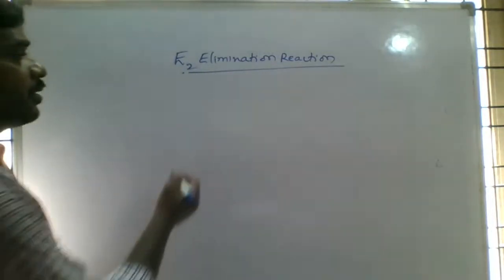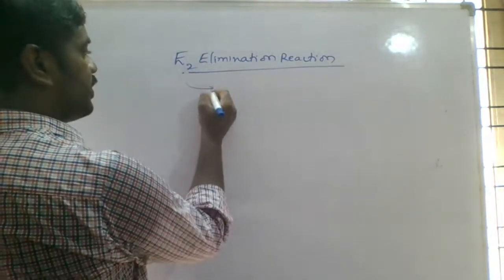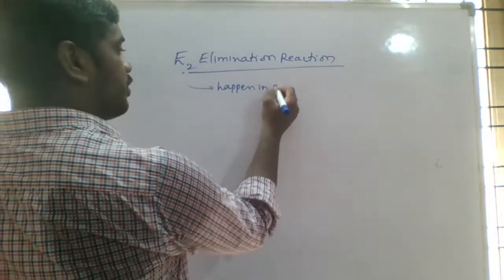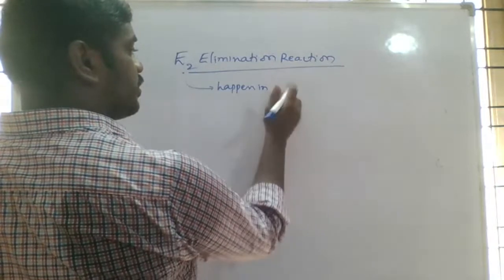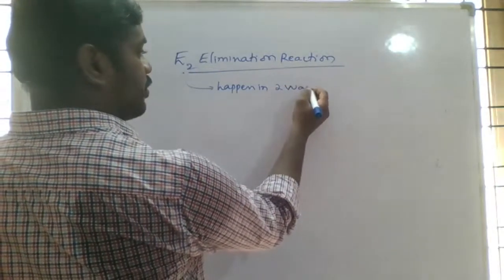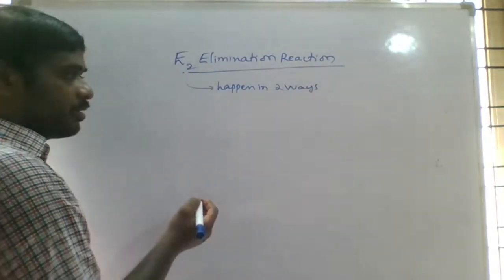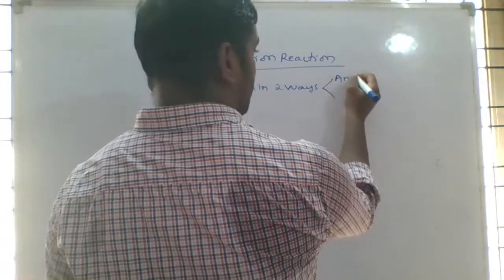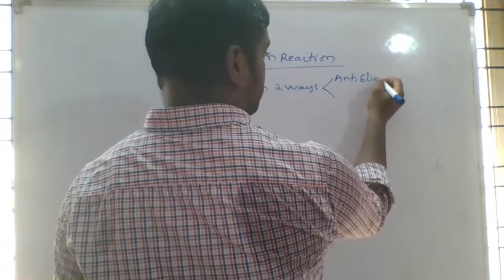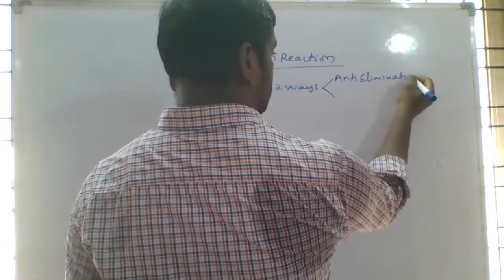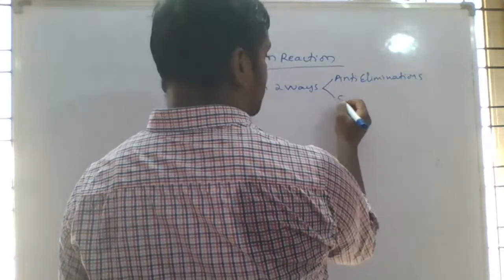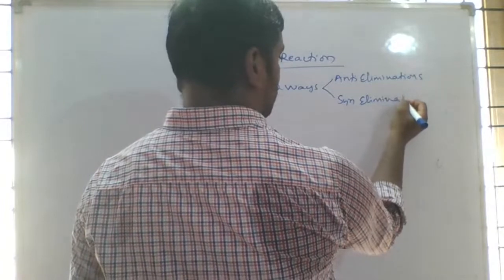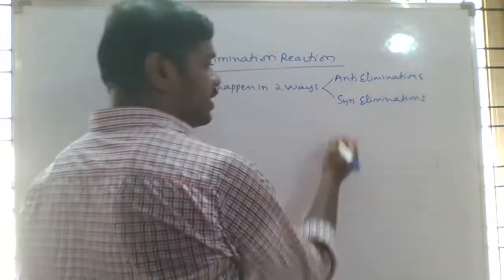So E2 elimination can happen in two ways. One is anti-elimination and another one is syn elimination.